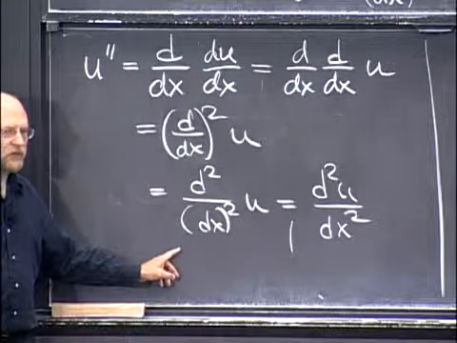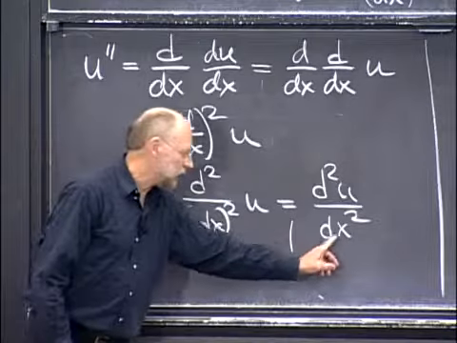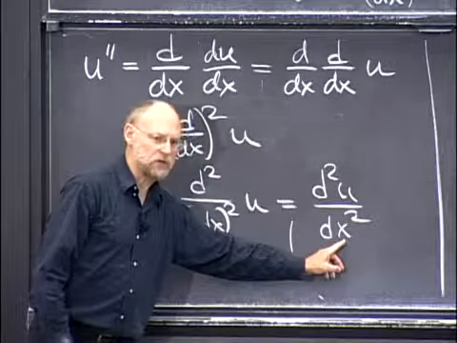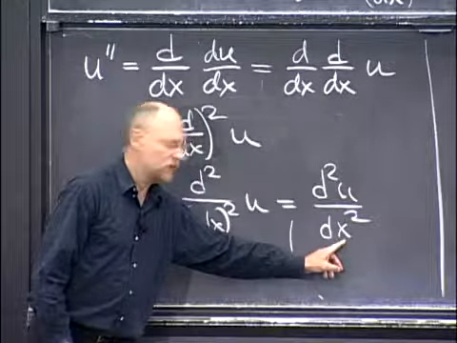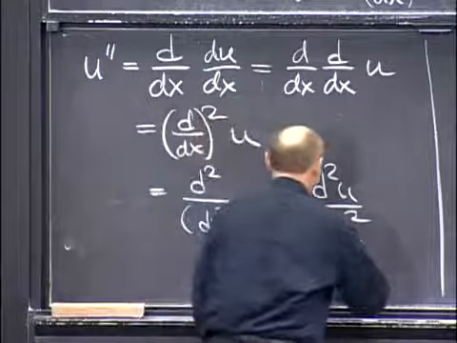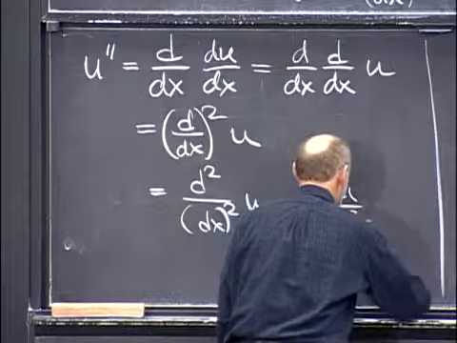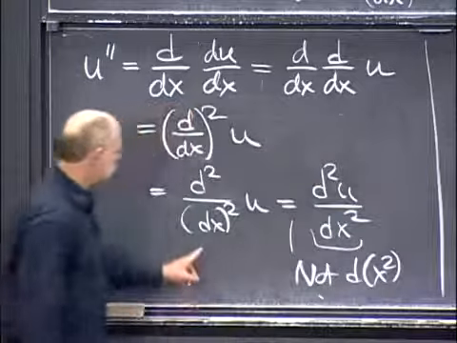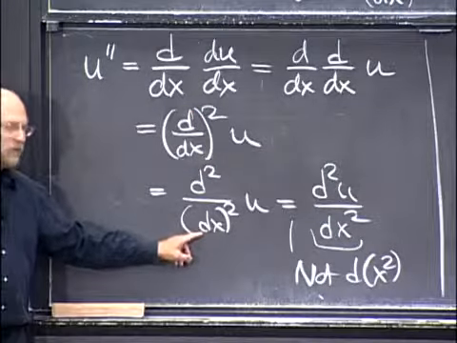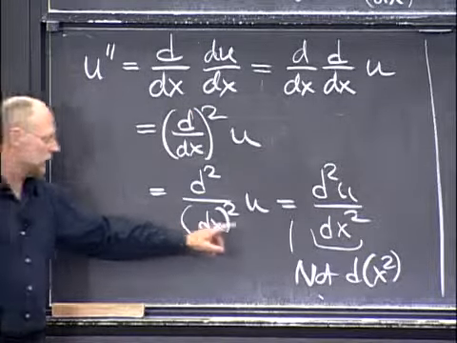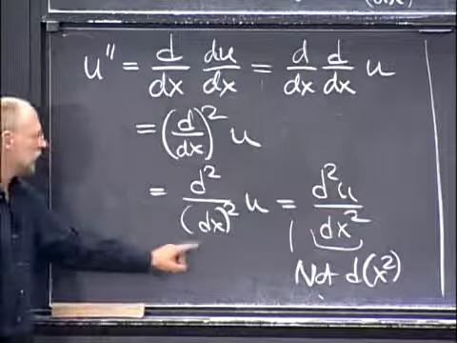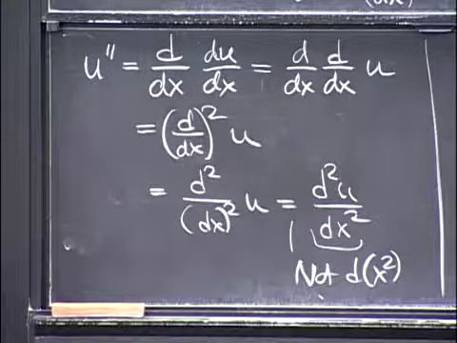This equality is the strangest one because you may think that you're taking d of the quantity x squared, but that's not what's intended. This is not d of x squared. What's intended is the quantity dx squared. In this notation, which is very common, what's intended by the denominator is the quantity dx squared.